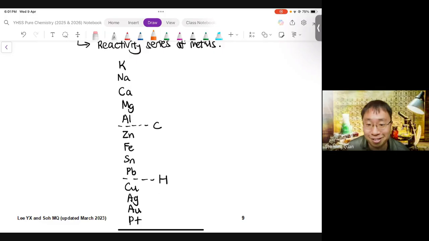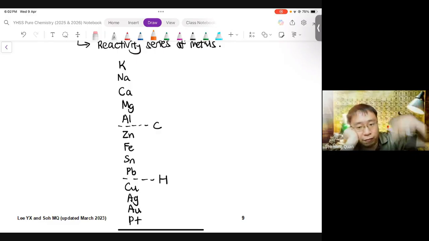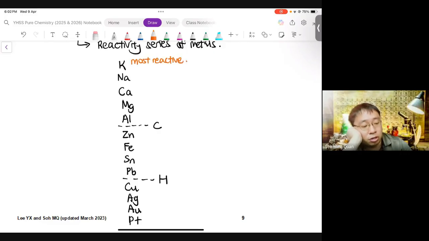Okay, so of course, you must know the names of these metals. For example, the metal that has the symbol K is potassium, Na is sodium, and so on and so forth. All right. Now, the series is written vertically, right, from top to bottom. That's because the top is the most reactive metal. That means amongst this series of metals, potassium has the highest reactivity.